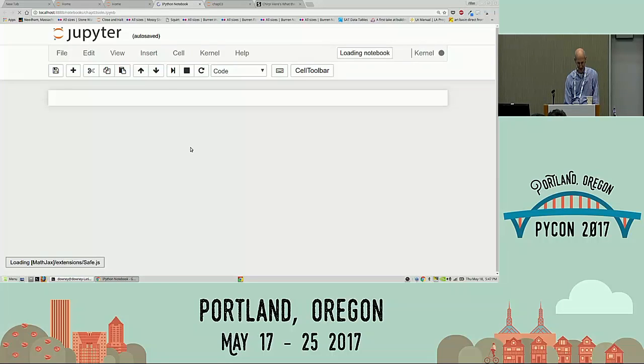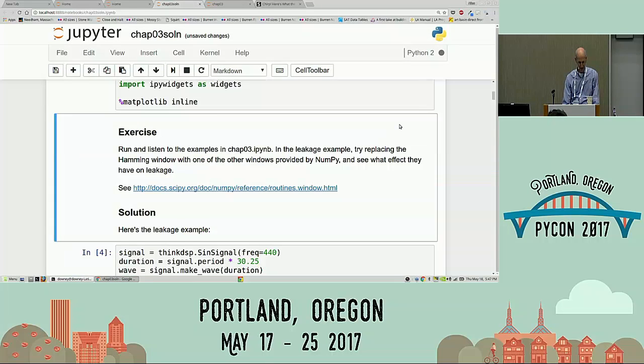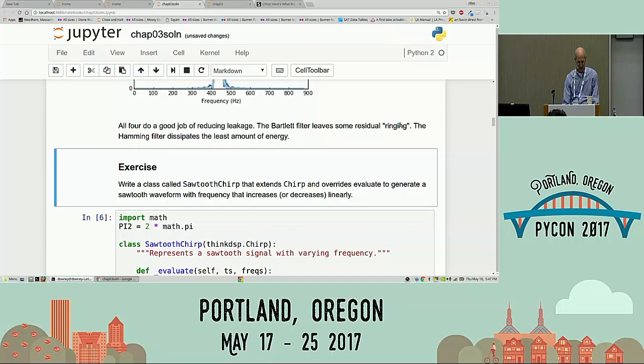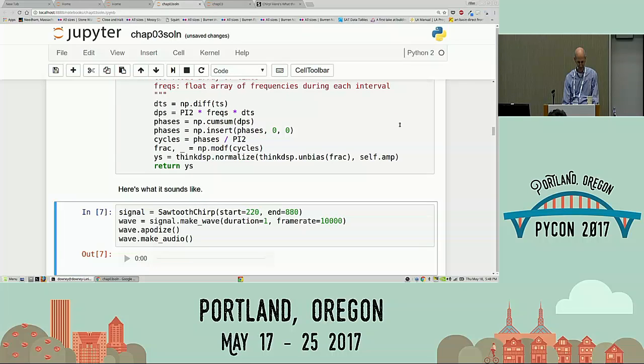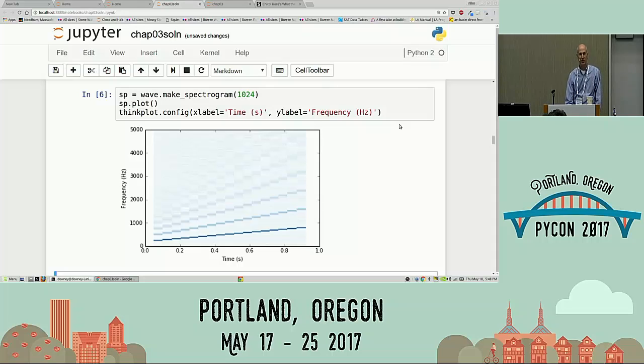And I love this example just because I did it just for fun, and it turned out to be much more interesting than I thought. So there's what the spectrogram looks like for a sawtooth chirp. Each vertical slice here has not just one frequency component like the sinusoid. It has the fundamental frequency, which is the loudest, but it also has all the integer multiples, which are the harmonics.